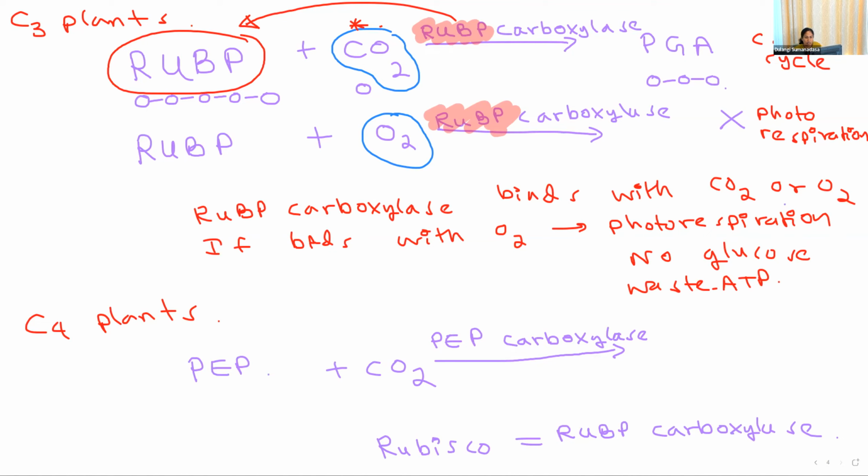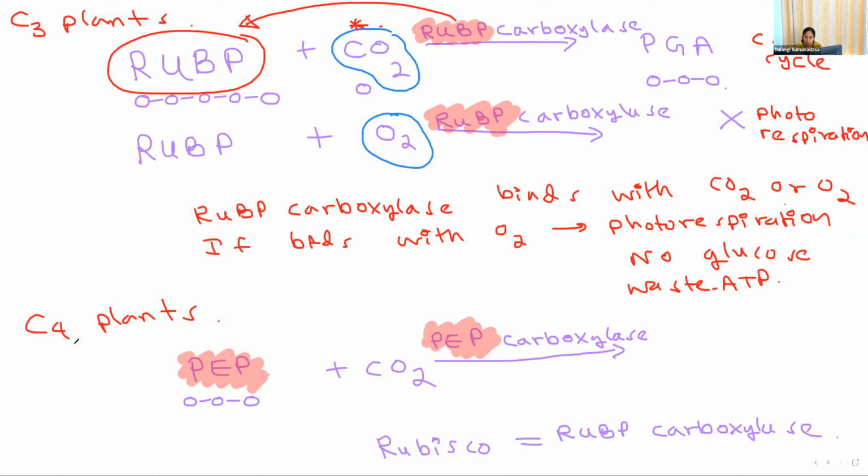Right, so if you highlight the PEP part, it's easy. Okay, write down PEP. RuBP has 5 carbons, PEP has 3 carbons. Can you count the carbons?